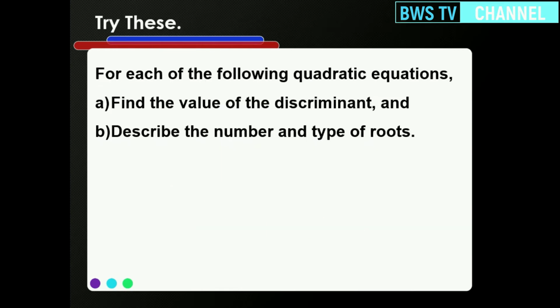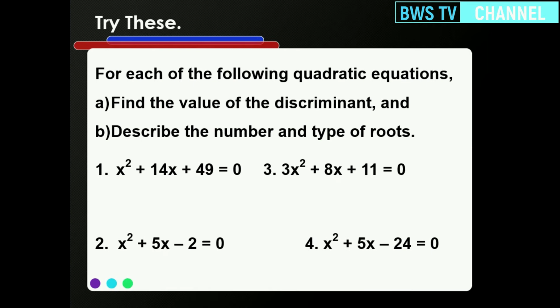Okay. We have here additional problems and I will give you time to solve them on your own. So for number 1, same thing what we did in the previous examples. In this case, you will also do the same but with a different problem. Let's see if you understand how to get the discriminant and describe the nature of the roots.